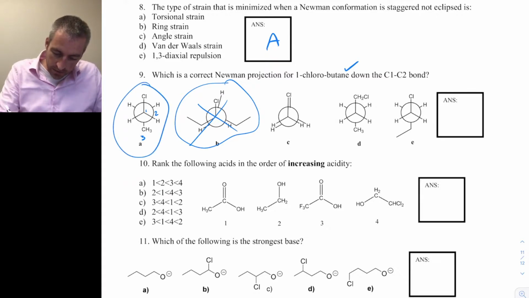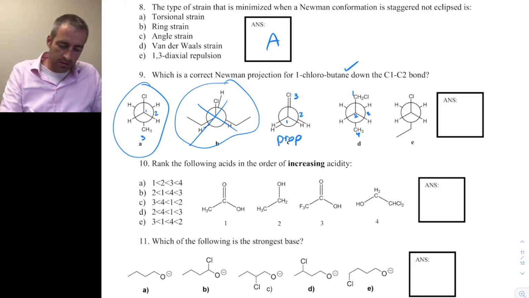C, we have 1, 2, 3. That's also chlorobutane. This one, we have carbon 1, carbon 2, carbon 3, carbon 4. Oh, these are prop. Only 3 carbons. So no, these are not.